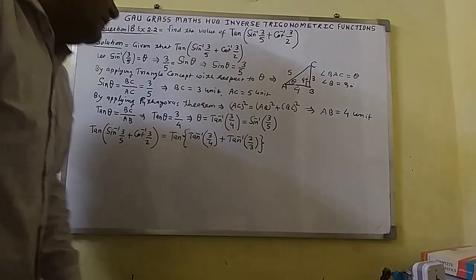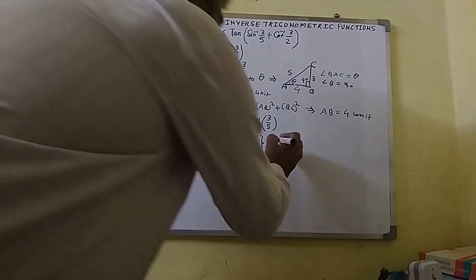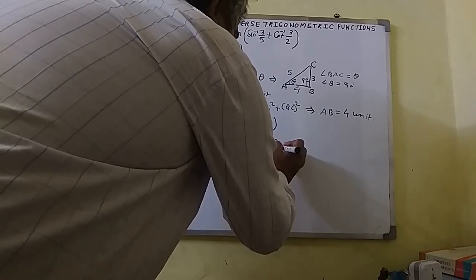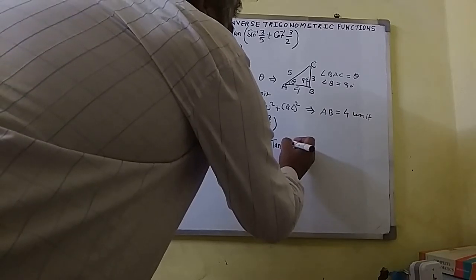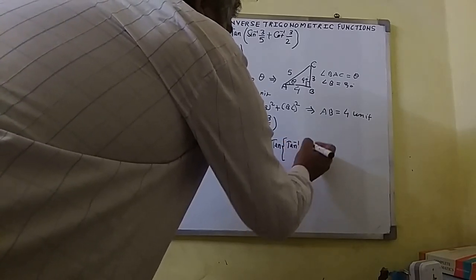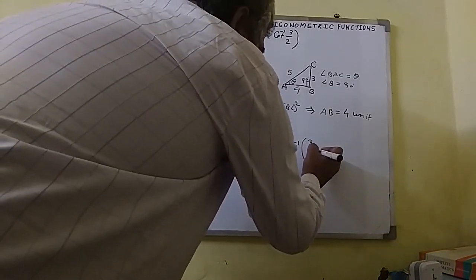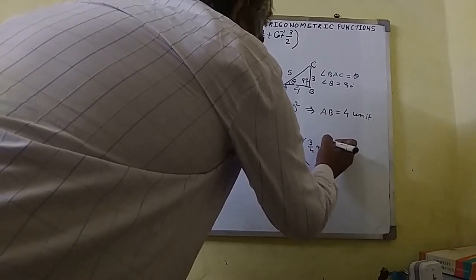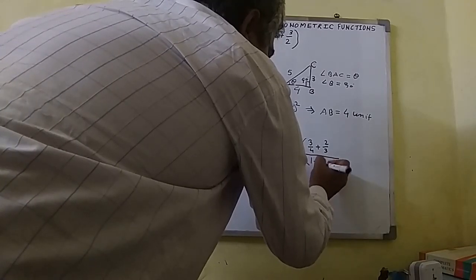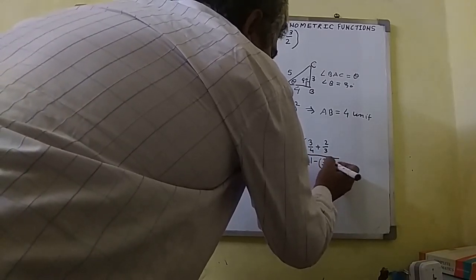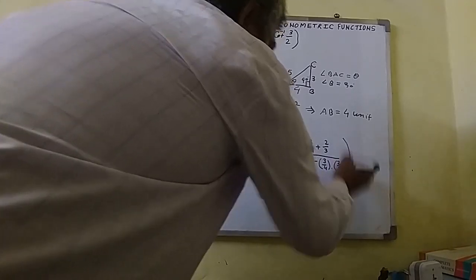So now it will become tan, open curly bracket, tan inverse in bracket, you will write 3 over 4 plus 2 over 3 whole over 1 minus 3 over 4 dot 2 over 3.